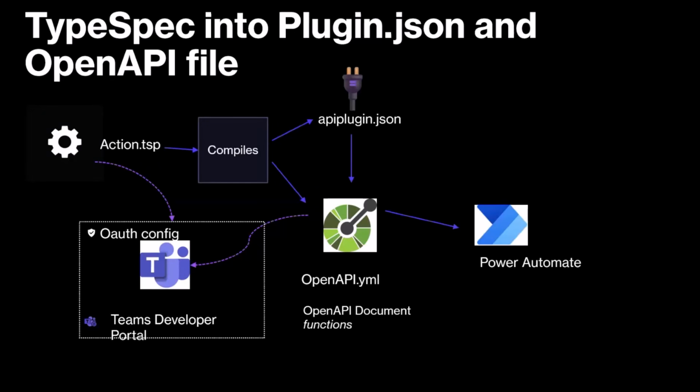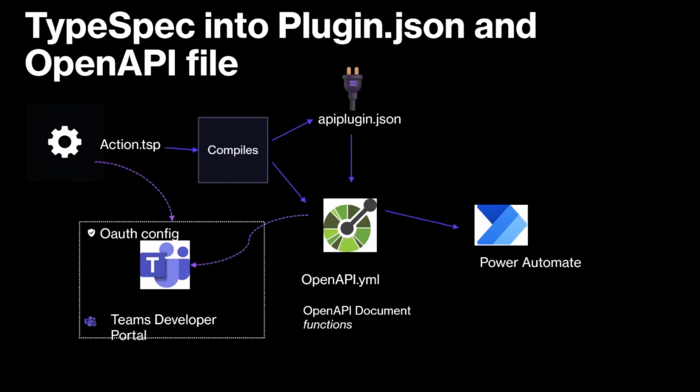It provides a developer-friendly way of defining those API schemas, and when it's compiled, it compiles down to individual JSON and YAML files, which are a bit more hard work to maintain and read. With TypeSpec you have one source of truth, one file which gets compiled into more verbose files that are a bit harder to read.